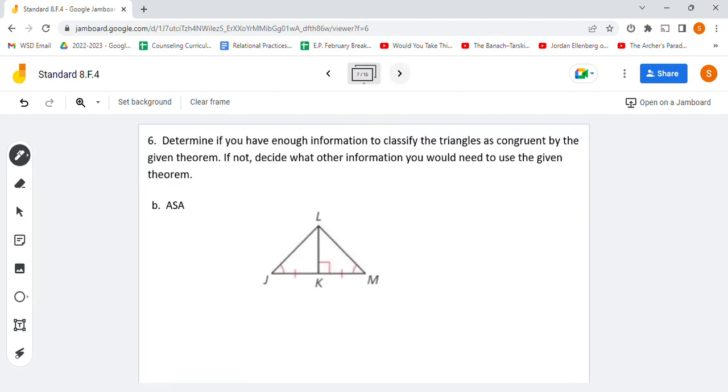On this triangle, we're looking at angle, side, angle here. And we have an angle, and we have a side. And on this side, we have an angle and a side. If we're going to do angle, side, angle, we would need to know that this angle right here is congruent to that angle right there. And we actually do have enough information on this one.